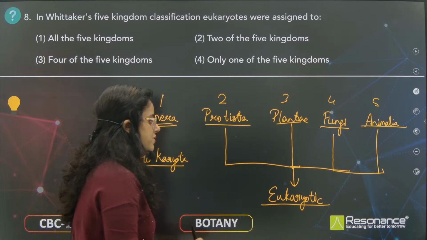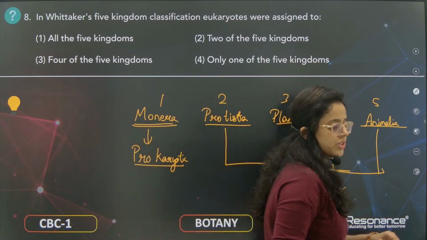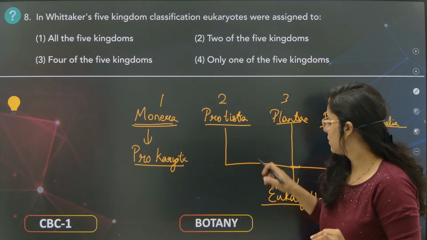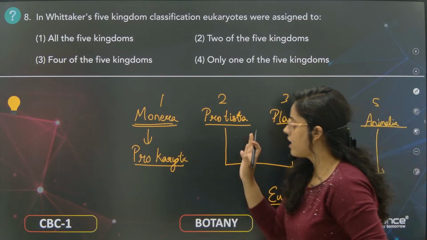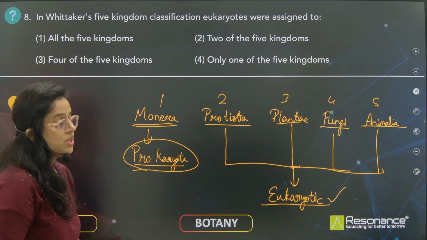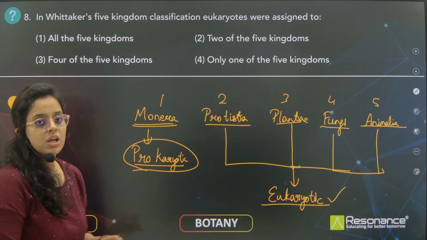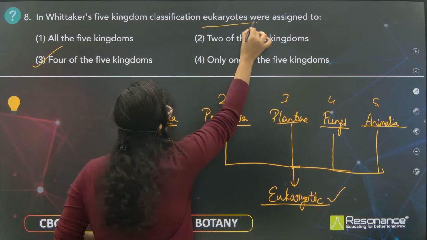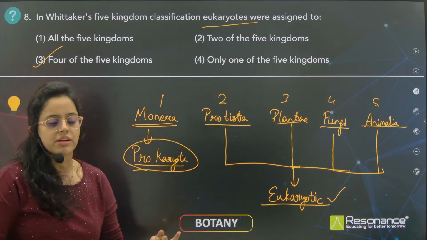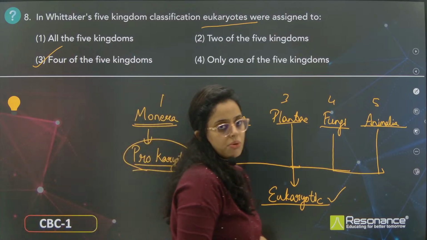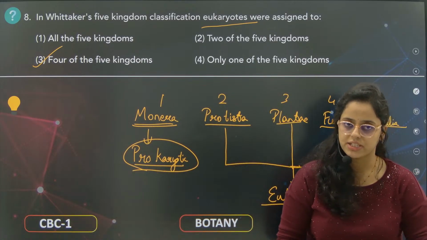Which means out of 5 kingdoms, 4 kingdoms had eukaryotic cellular structure and 1 kingdom had only prokaryotic structure. So your answer is going to be 4 out of 5. If they are asking about prokaryotic, then it will be 1. If they are asking about eukaryotic, it will be 4 out of 5 kingdoms.